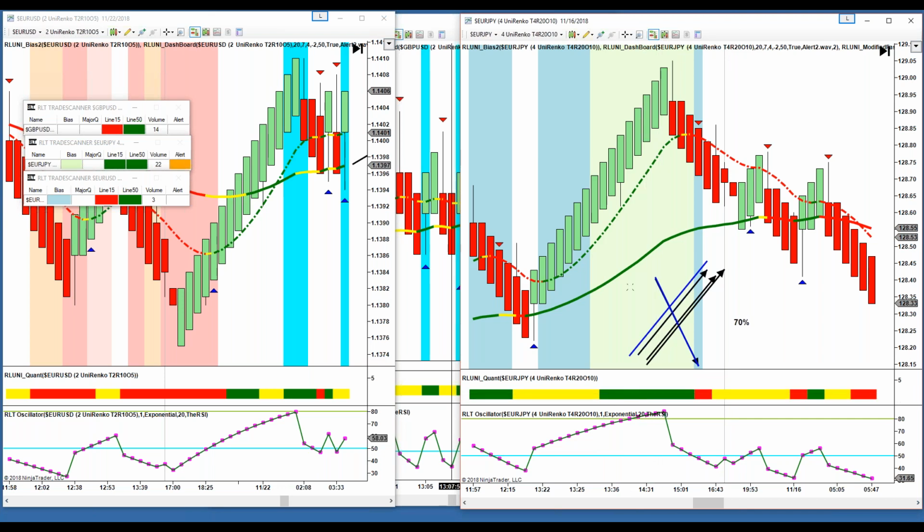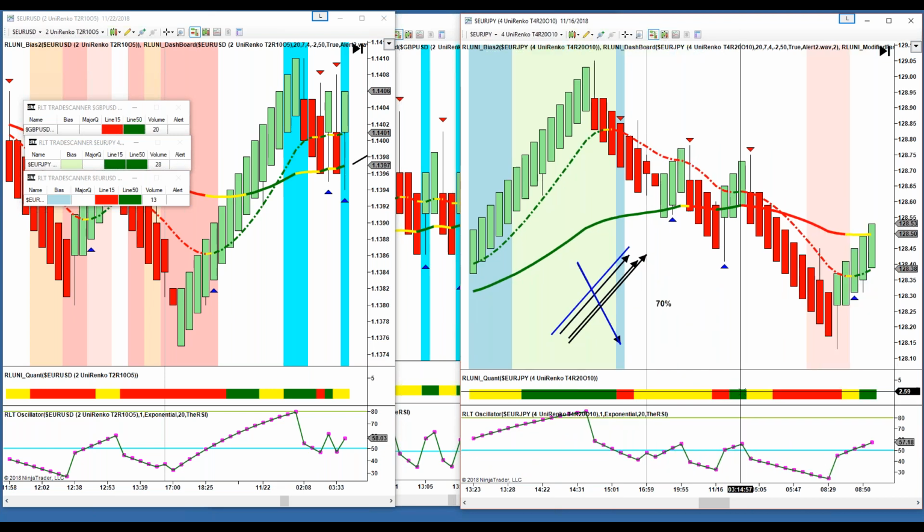We not only want to know the direction of price on a multi-time frame basis, we also want to know what's happening with the Forex pairs that correlate in direction with the pair that we're trading. Now, when this line is yellow, very difficult to take a trade.